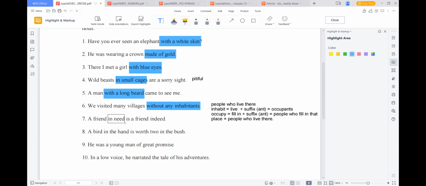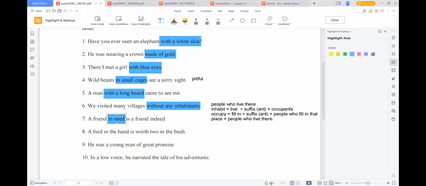Yes, in need. In need describes this friend, the friend is in need. Usually it's a preposition that goes with something else, so we call it an adjective phrase. Indeed is an adverb, so it's not an adjective phrase. All right, so this one is in need. How about number 8? Can you read?